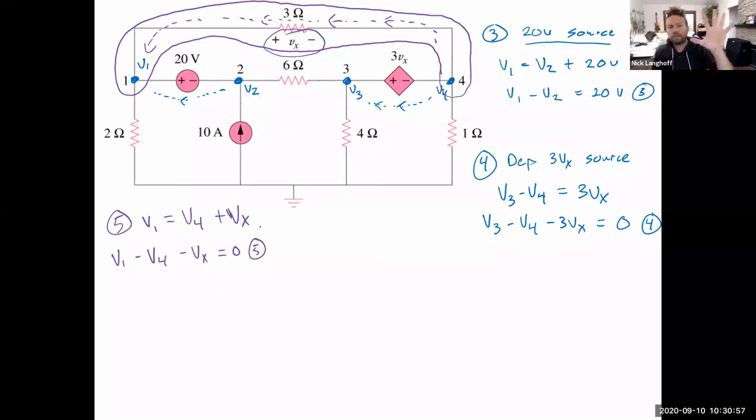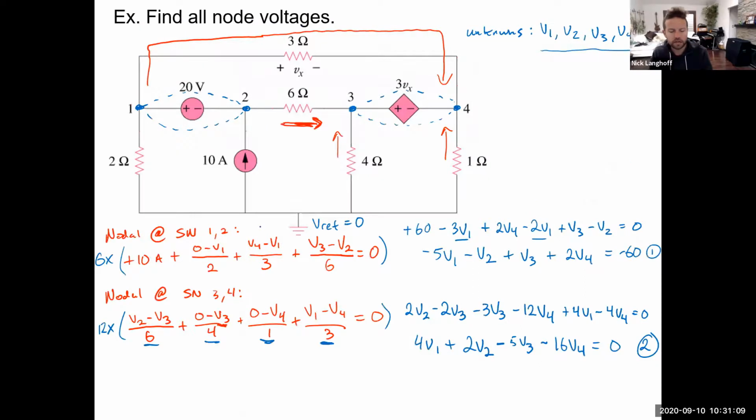Okay, we've got 5 equations, 5 unknowns. Could we take some of these simple equations of V1 and V2 and V3 and V4 and Vx and plug them into these equations back here and solve it algebraically on paper by hand? We sure could.